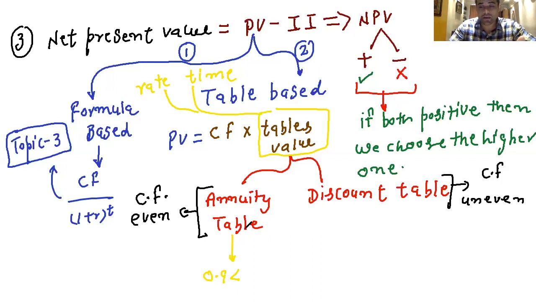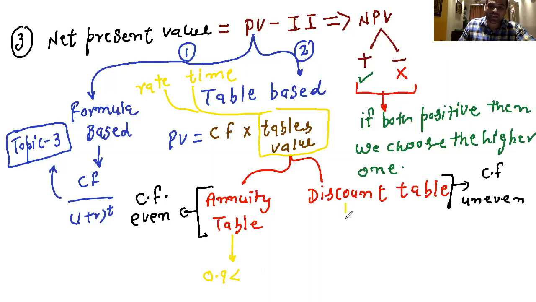In an annuity table, mostly values are 1.1, 1.2, 1.3, 1.4, or 2.1, 2.2, 2.3. So values start from 0.9 onwards, right? There is no value which is less than 0.9, right?